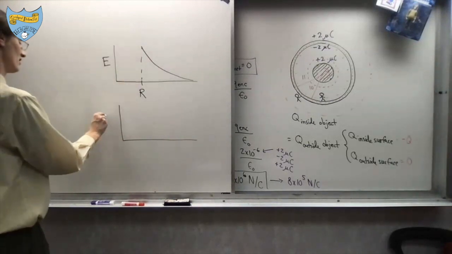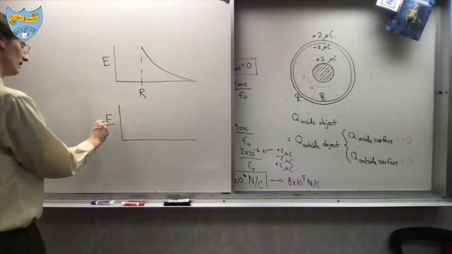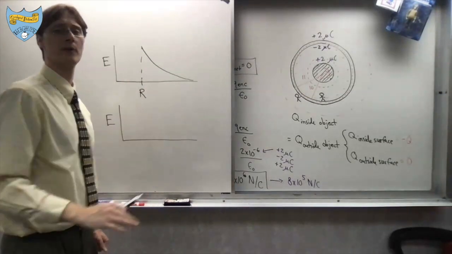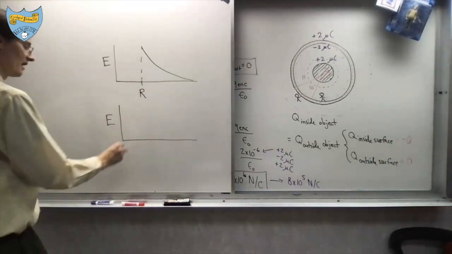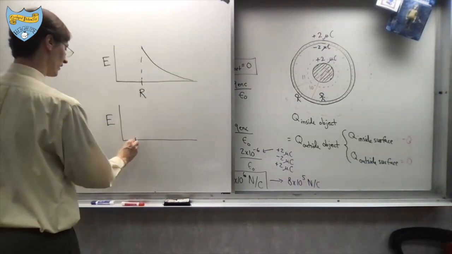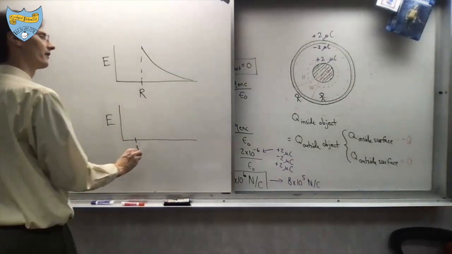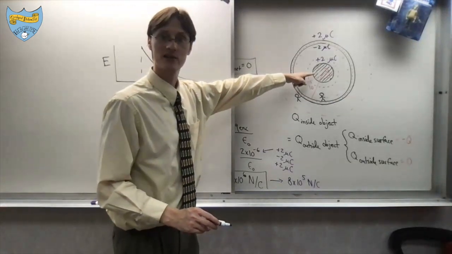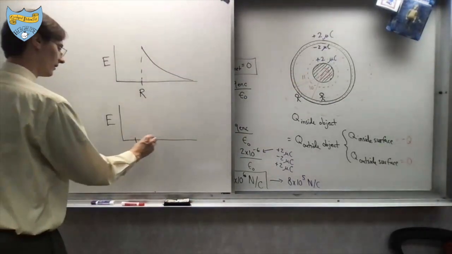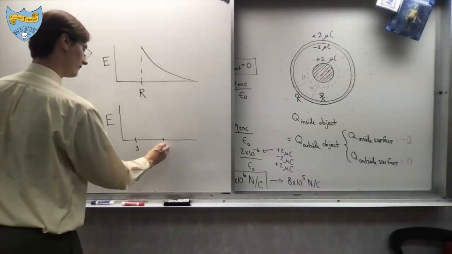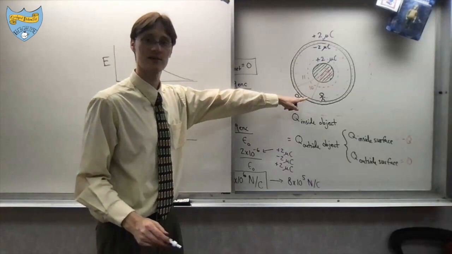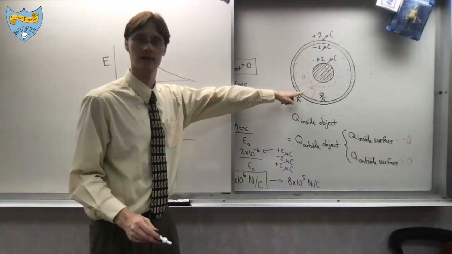Inside of a conductor, there's no electric field, and the electric field should decrease as we move away from the charged objects. So the distances I'm going to label here are going to be 3, because 3 is the radius of the inside object, 10 and 11, because those were the inside and outside radii of the outer object.